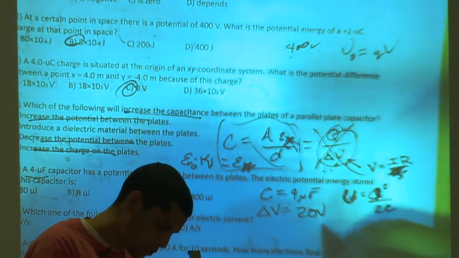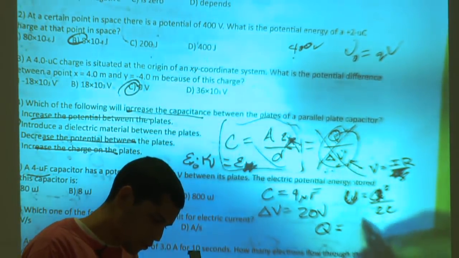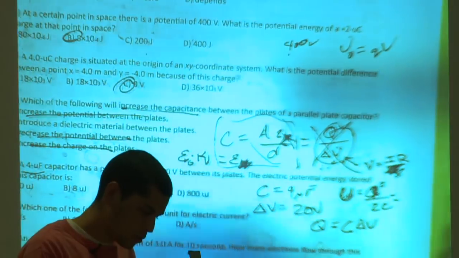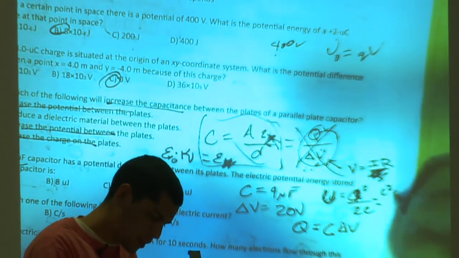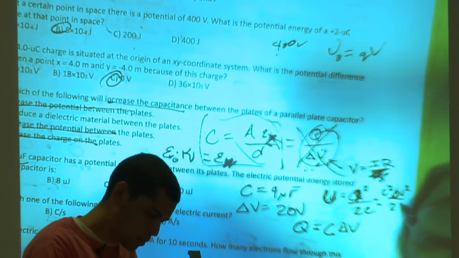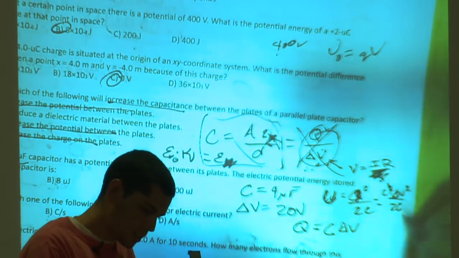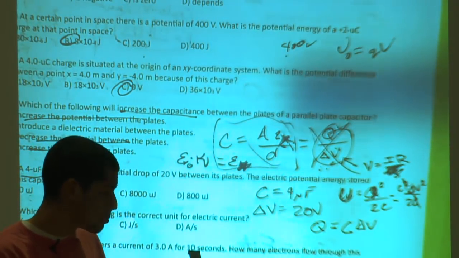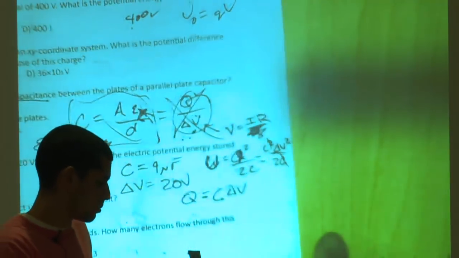So Q is equal to C times delta V. Then if we plug this in, we have U equals C squared times delta V squared over 2C. One of the C's cancels, and this will be our final equation: U equals C times delta V squared over 2. Let me bring that closer to you guys.